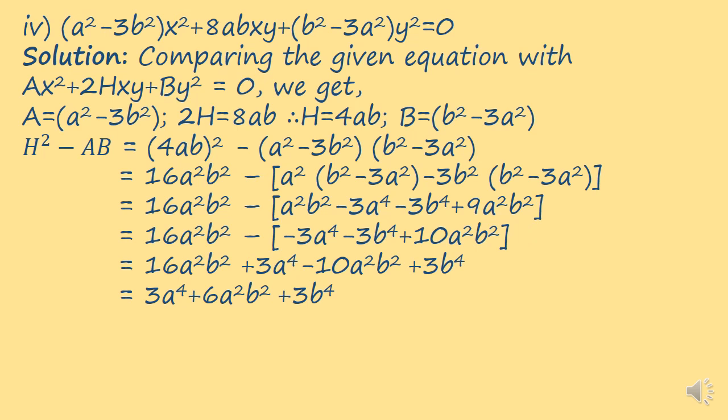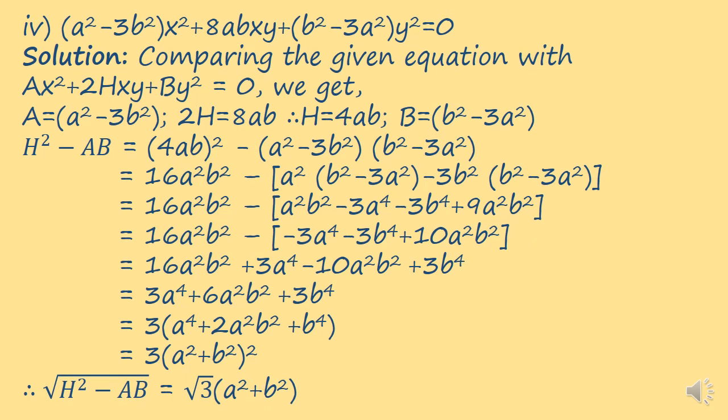Now here we observe that 3 is common. 3 is a factor for all the three terms, so we take 3 common outside the bracket. Now inside the bracket we have a raised to 4 plus 2a square b square plus b raised to 4. Using the formula a plus b the whole square, we get 3 into a square plus b square the whole square. Okay, so H square minus AB becomes this particular term. So root of H square minus AB becomes root 3 into a square plus b square.